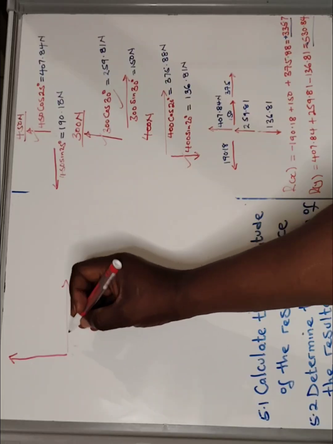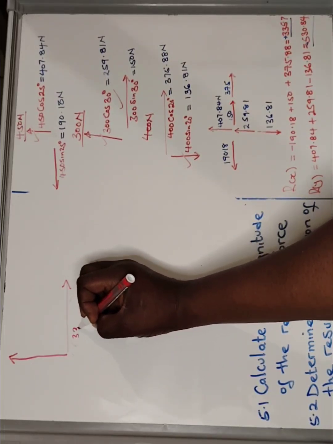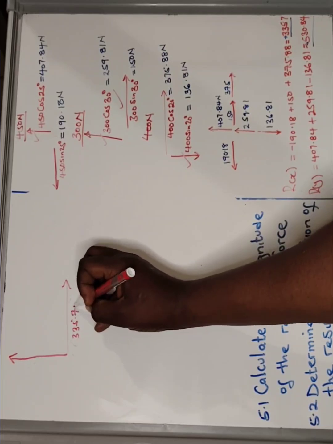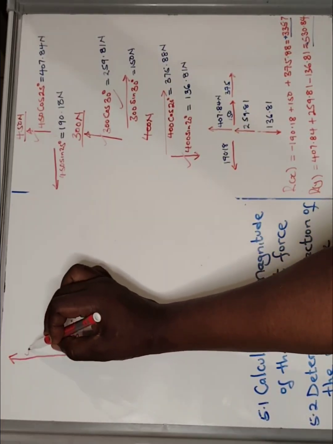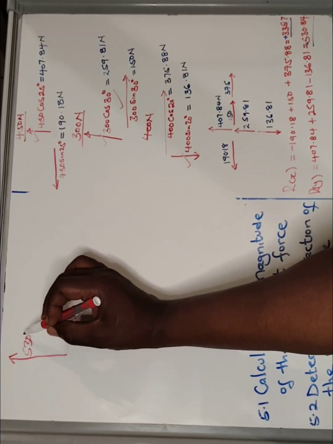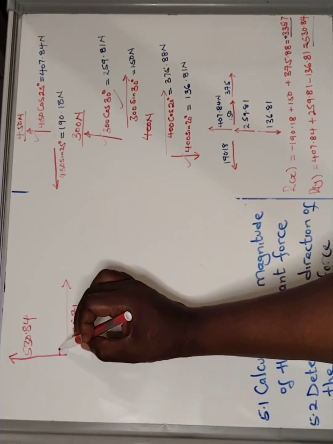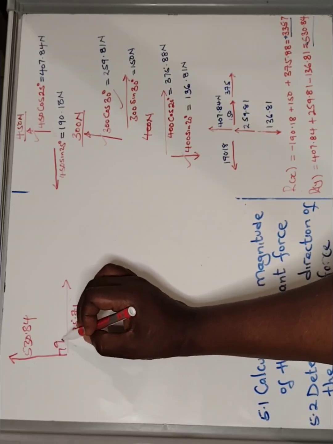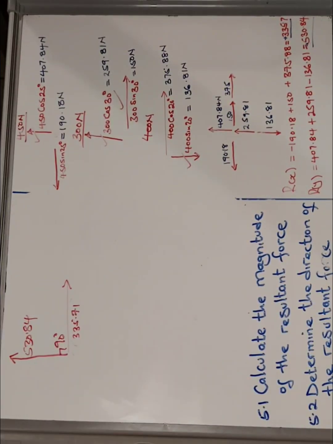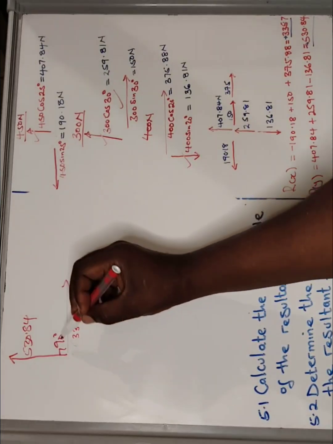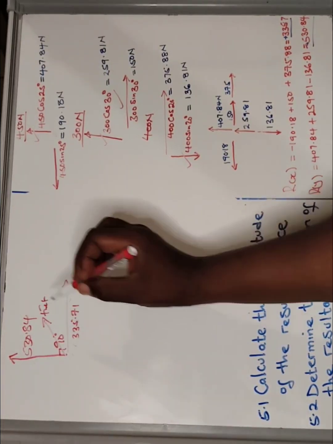For the x, it is 335.71, and for the y, it is 530.84. After reaching this step, now we know what is going to happen. Our net is going to be around here.